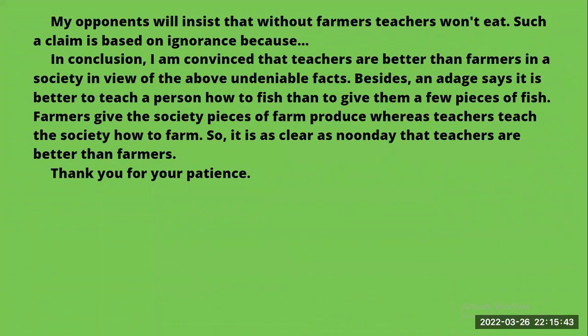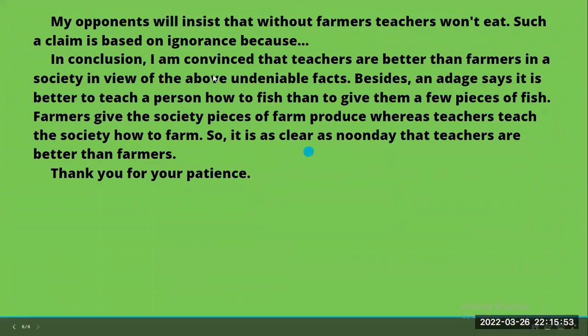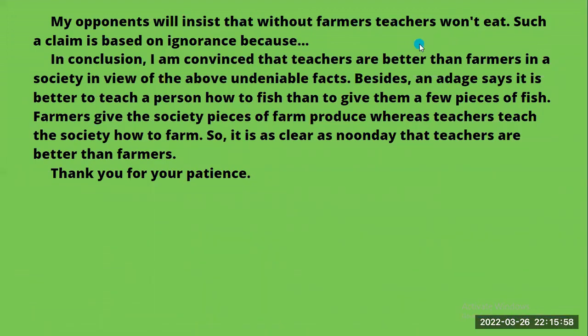Then, once you have discussed your points, you need to demolish your opponent's point. So in this case, you can simply say, my opponents will insist that without farmers, teachers won't eat. You say, such a claim is based on ignorance because, you see, this is how to demolish it. You can say this is absolutely a fallacy, or you can say this is untenable.